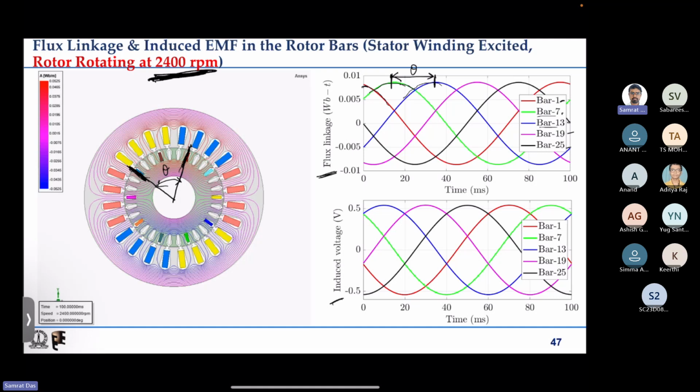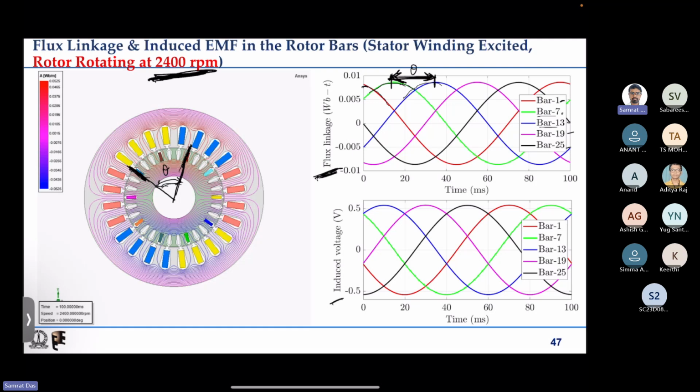Because they are spatially shifted in a symmetric fashion, with equal angles from each other, the flux linkages will also be uniform or symmetric, and they will have the same lag between the two, that is theta, whatever the angle between the two mechanically. Because this is two pole, the same angle will reflect in the electrical quantity such as the flux linkages or the induced EMFs.